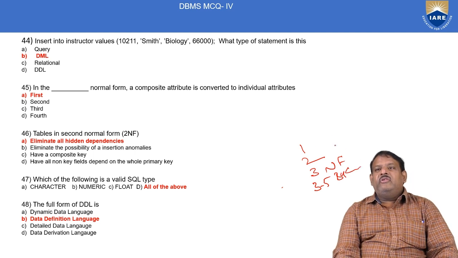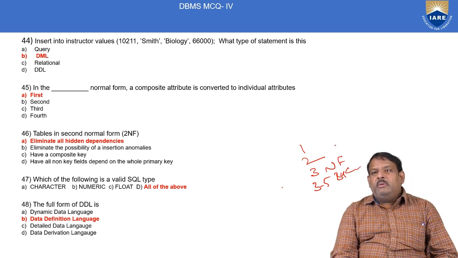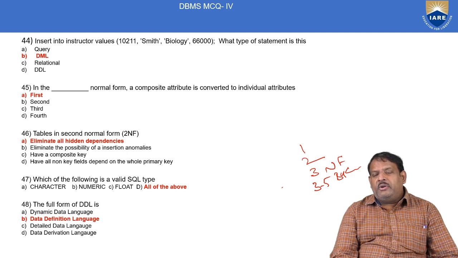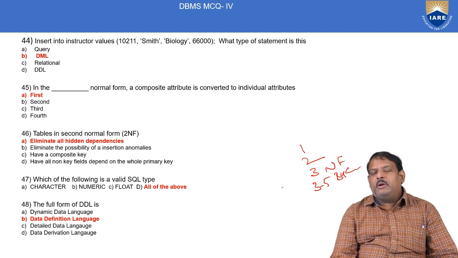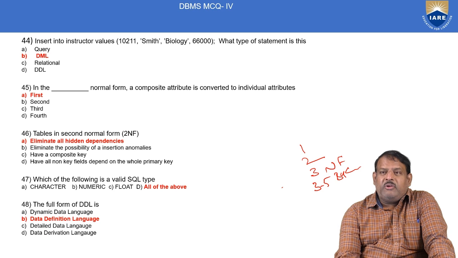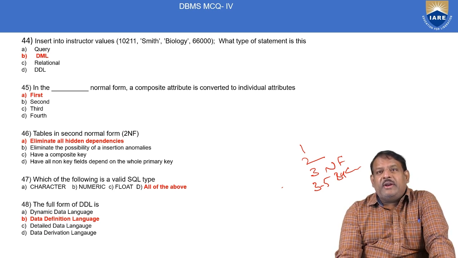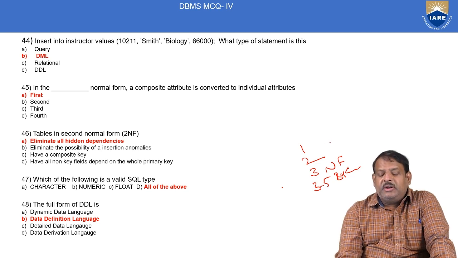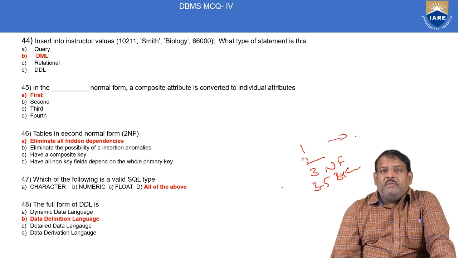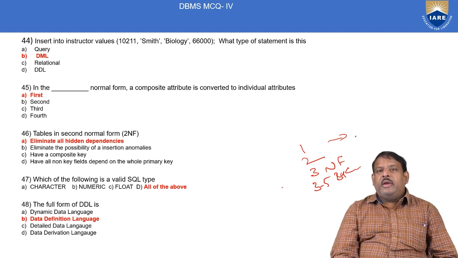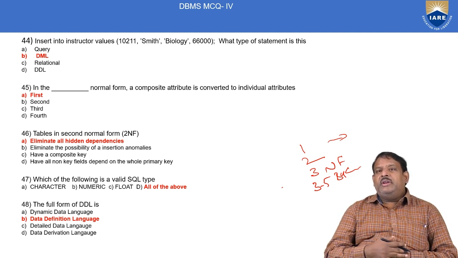At every stage, we make sure that our data is correctly distributed over multiple tables. In the first normal form, multi-valued attributes will be split, and a record will be inserted for each value. So in the first normal form, a composite attribute is converted to individual attributes.